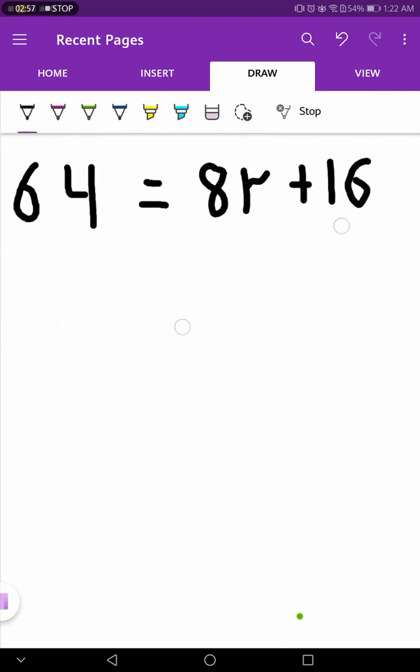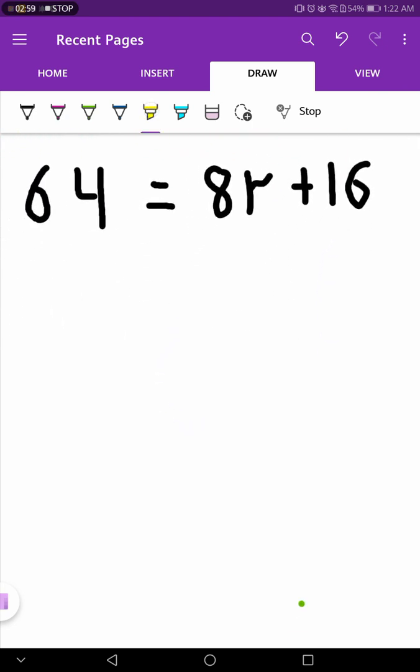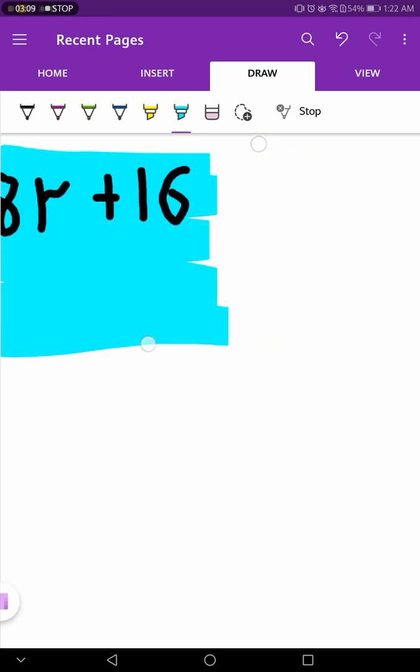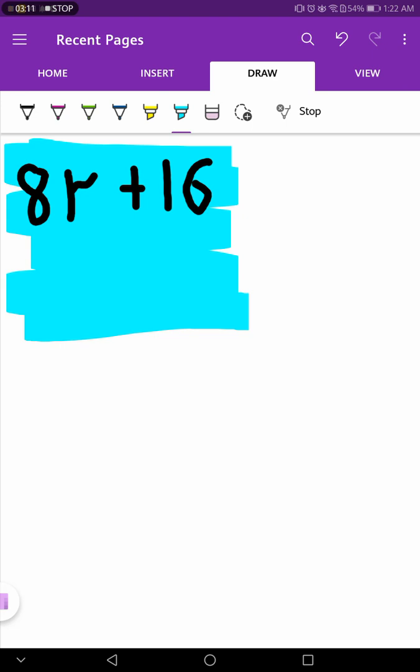So again, now I have this equation. You know how to solve it, yes? Left and right again. Okay, and you move to the side that has a variable, and you start to eliminate plus 16 by subtracting 16 from the left or from the right side.